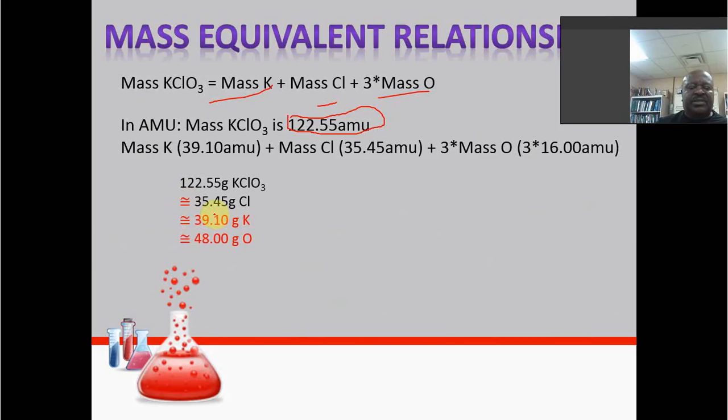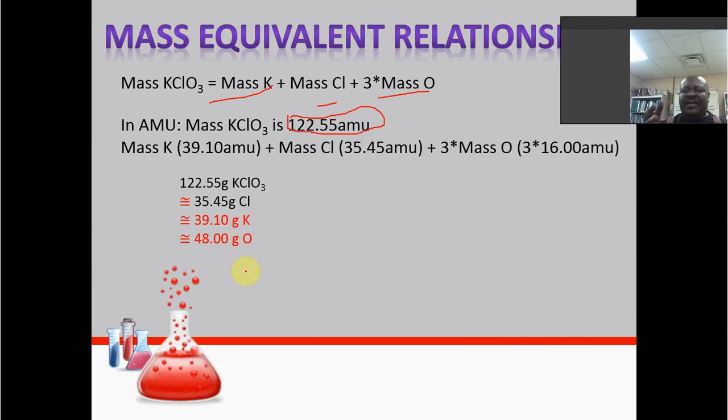Similarly for the potassium and for the oxygen. So we have 3 equivalent relationships. 122.55 grams KClO3 is equivalent to 48.00 grams oxygen. That's how you write it.